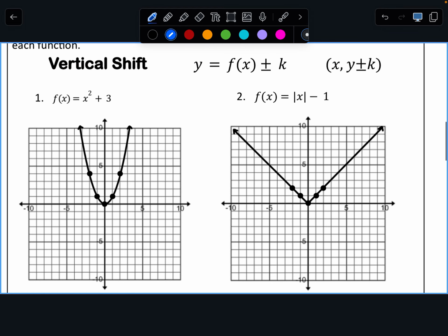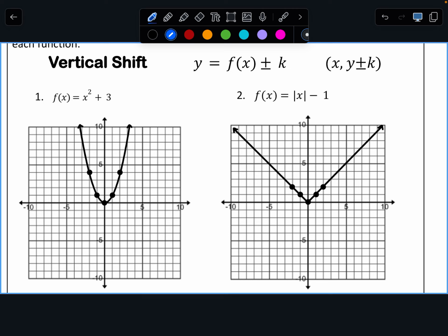So here we have f of x equals x squared plus 3. Now what is graphed in black right now is the parent function, f of x equals x squared. What would f of x equals x squared plus 3 be? We need to account for a vertical shift of 3. So we're just going to move the vertex up 3. 1, 2, 3.